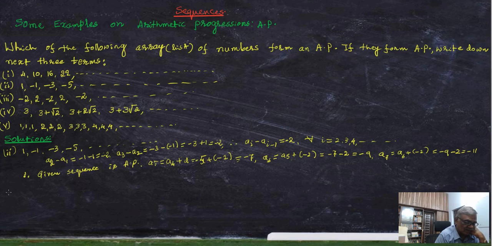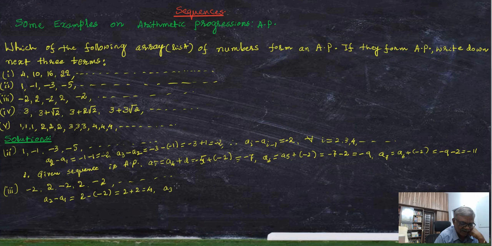Next, I would like to consider the third one. The third one is minus 2, 2, minus 2, 2, minus 2, and so on. Now observe, in this case, A2 minus A1 is equal to 2 minus of minus 2, that is 2 plus 2, that is 4.